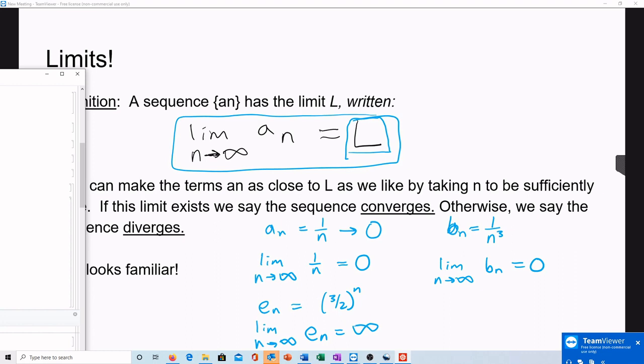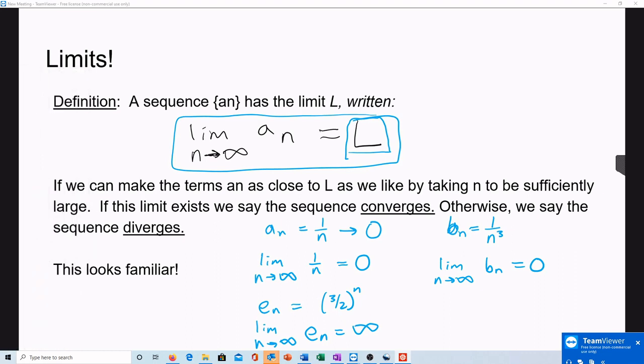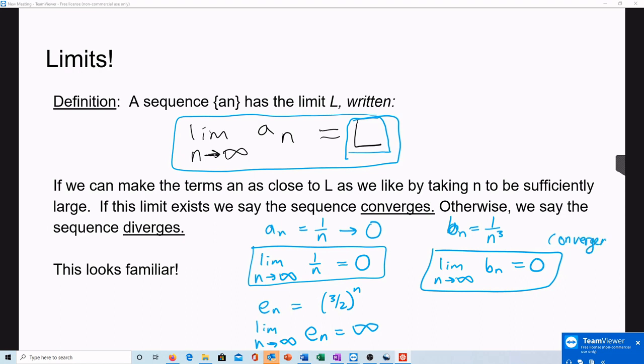Okay, so just like integrals, we have words for this, and they're the same words and the same ideas. If this limit exists and equals some number, as in this case and this case, we call these convergent, or the sequence converges. If we're in this scenario where we go to infinity, we call this one divergent, or say that the sequence diverges.